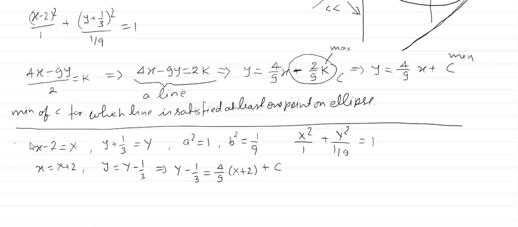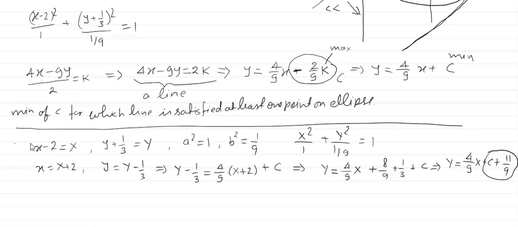Taking 1 by 3 to the other side, this is 4 by 9 times capital X plus 8 by 9 plus 1 by 3 plus c. This implies capital Y equals 4 by 9 X plus c plus 11 by 9. So this is the new c.